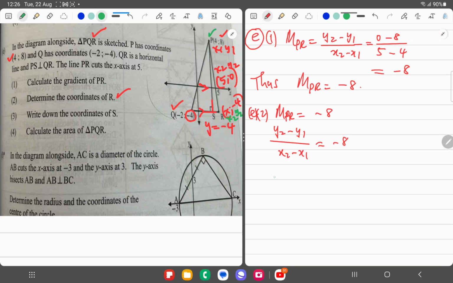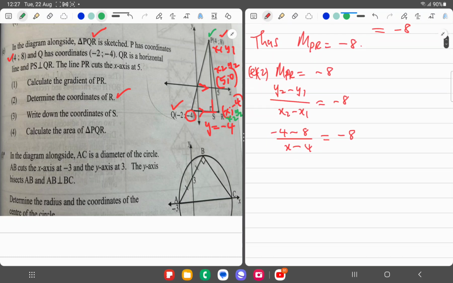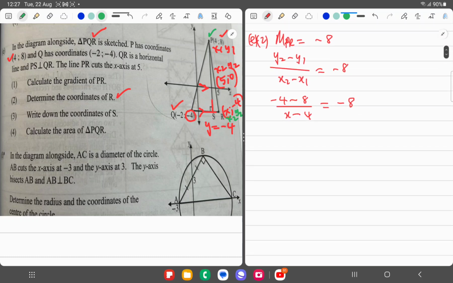So y2 is minus 4 minus y1, which is 8, all divided by x2, which is x, minus x1, which is 4, which equals minus 8. Let's continue. At the top, minus 4 minus 8 is minus 12, all divided by x minus 4 equals minus 8.